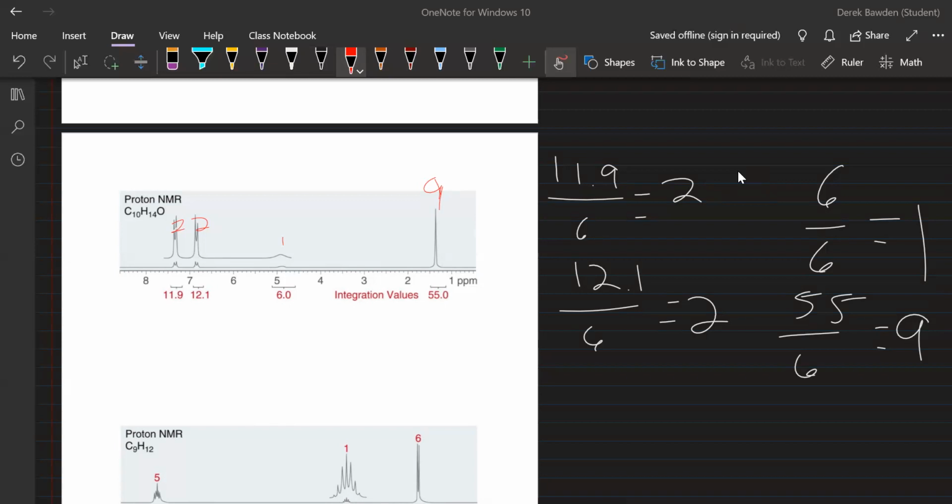And then we have 2 and 2 for our peaks here. So what does that mean for our benzene ring? Means it's di-substituted because we have 4 hydrogens, okay? You can kind of clump those 2 peaks together.